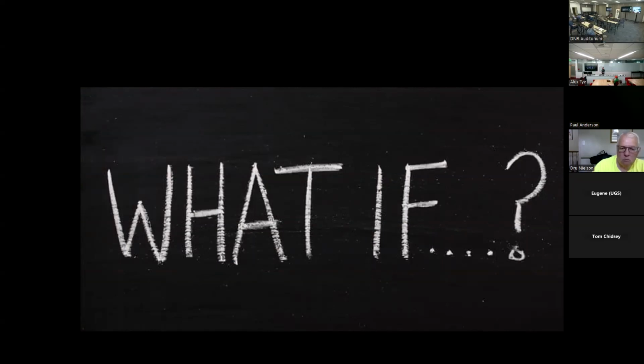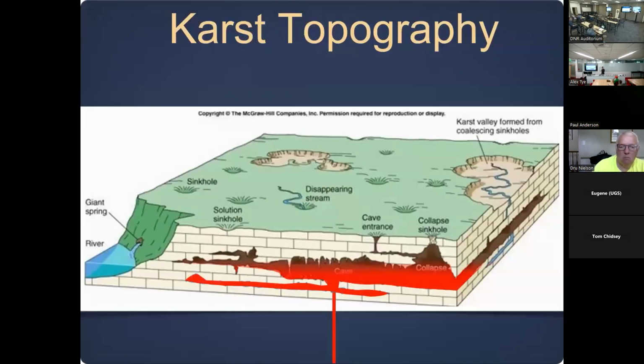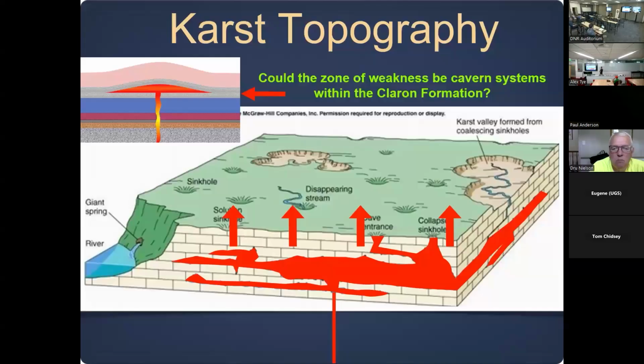The question is, what if we had extension and that zone of weakness was actually a cavern system within the Claron Formation, and you caused uplift? That whole part of the Claron was uplifted and then eroded away. So could the zone of weakness be cavern systems within the Claron Formation?